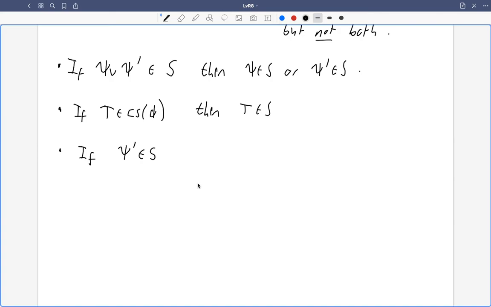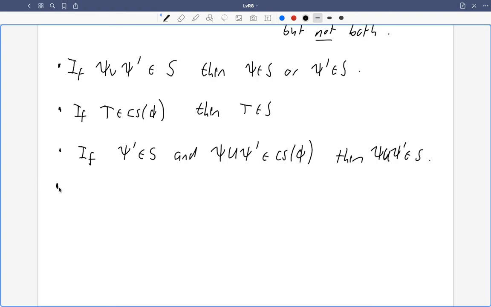But if psi prime holds now, then we don't have any requirements on psi. So if psi prime belongs to S, then whenever we have a formula psi until psi prime belonging to the set of complemented subformulas of phi, then psi until psi prime belongs to S.